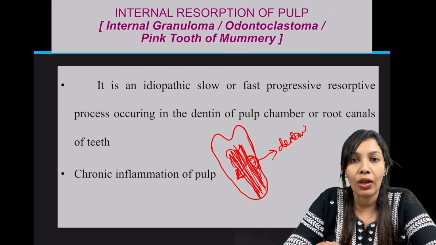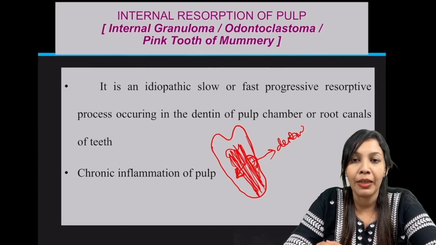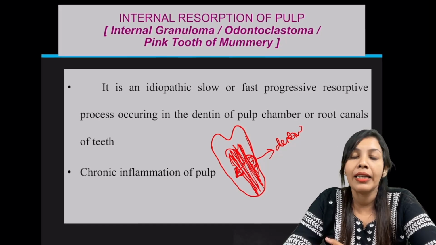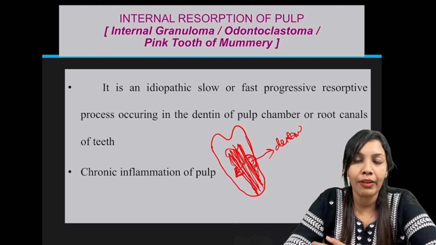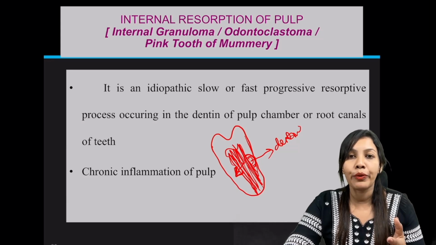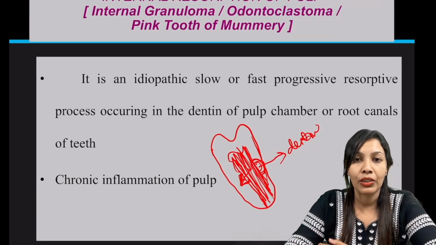So this is called internal resorption of the pulp, and this is a very fast progressive process, and it often shows chronic inflammation over a long period. That is why it is chronic. It is not a single day procedure. It is a procedure taking place over a long time.